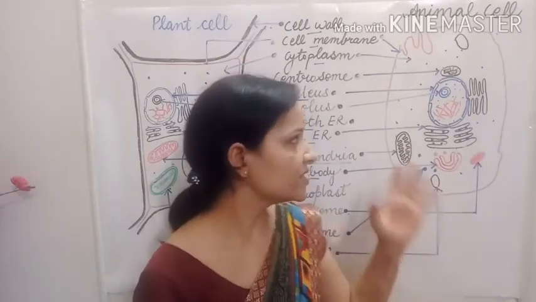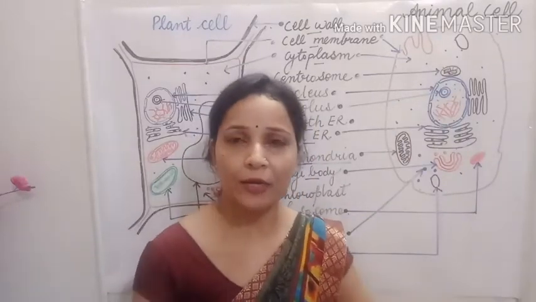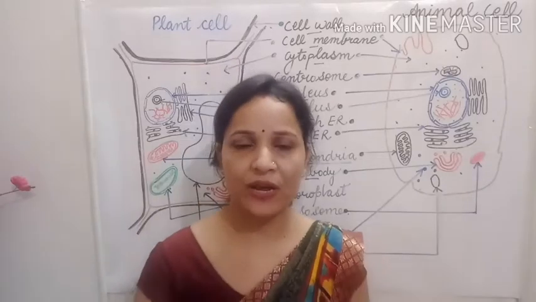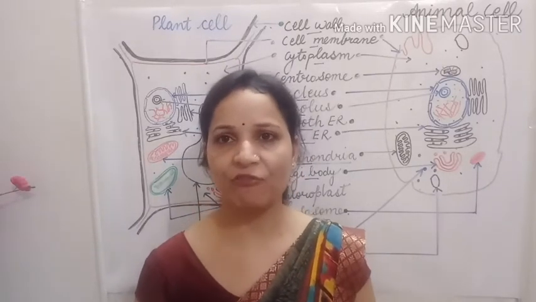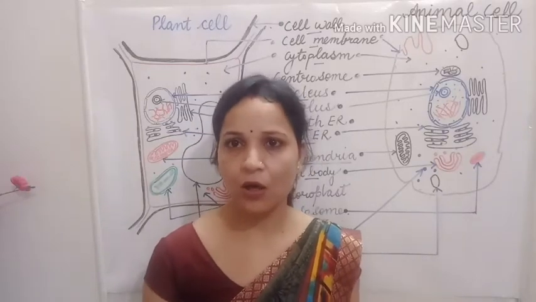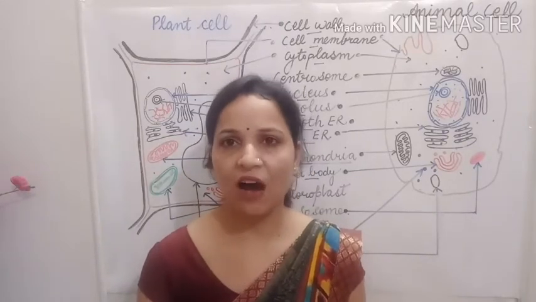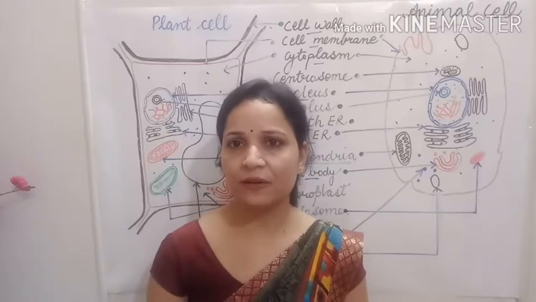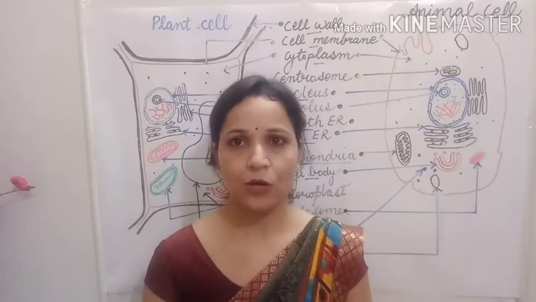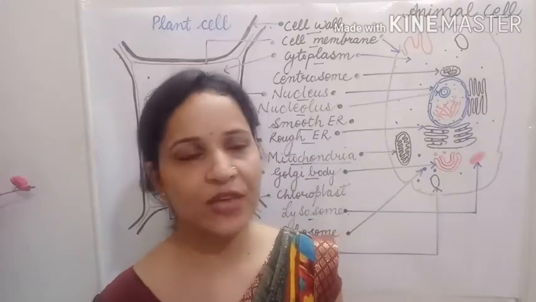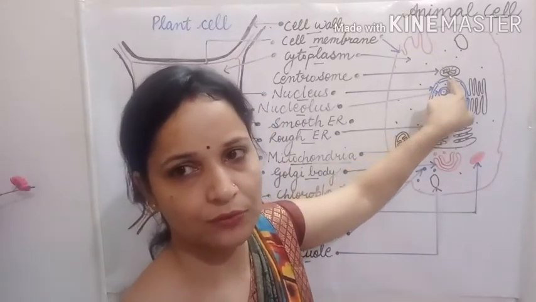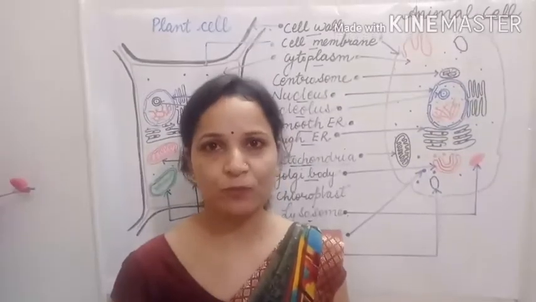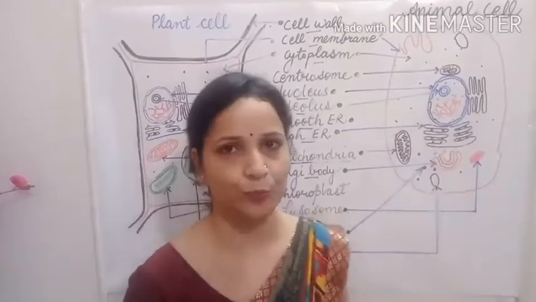What is the function of centrosome? It plays an important role in the cell division. As I told you, new cells are formed from the pre-existing cell, or we can say new cells are formed by the division in the old cell. So this division occurs with the help of centrosome or centriole. I hope you came to know the function of centrosome.